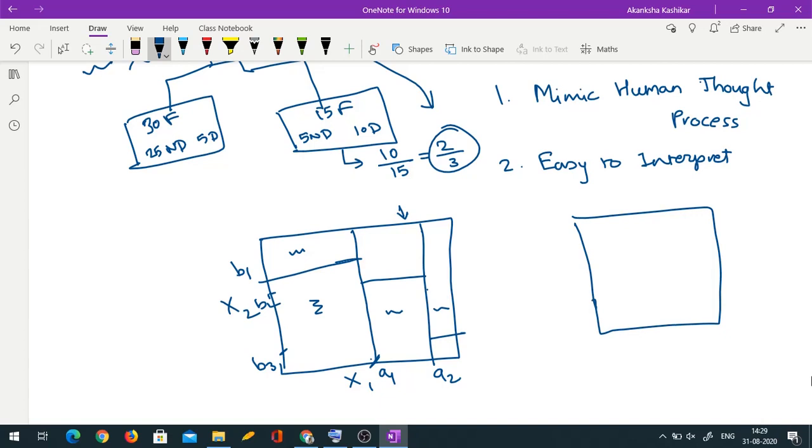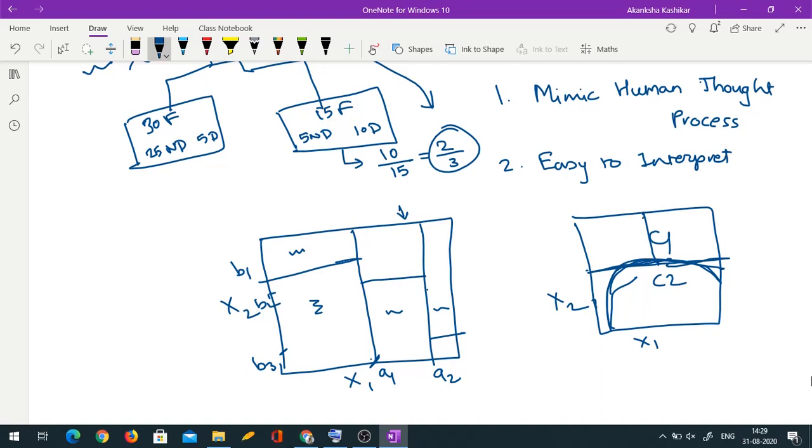So if suppose you have something like this, a tree may not give very accurate results. If this is your class 1 and this is your class 2, the tree may not give very accurate results. You may try to cut something like this.